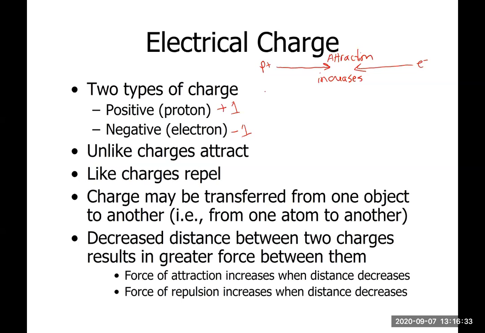Like charges repel. So suppose we had two protons. Those charges are going to want to stay apart. But if we force them together, as the distance between them decreases, and again, this is a repulsion force, the force increases, albeit not an attractive force like the proton and the electron.